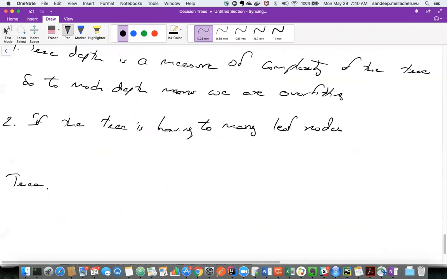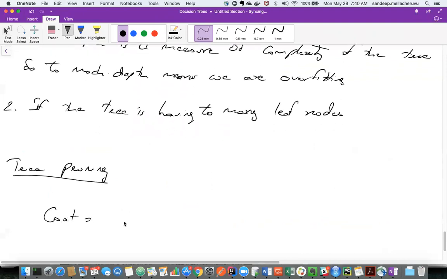For example, let me write it. Tree pruning. What you do here? Cost equal to classification error plus lambda times L of t.